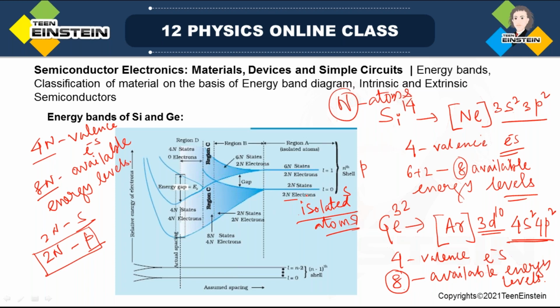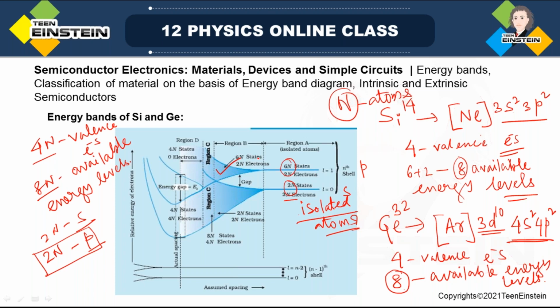As I said, the electrons' energy levels will be affected. These 6n P states and 2n S states will be getting separated. Obviously, P has higher energy.